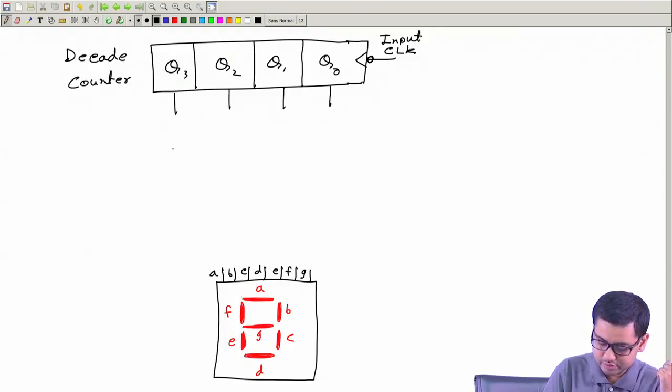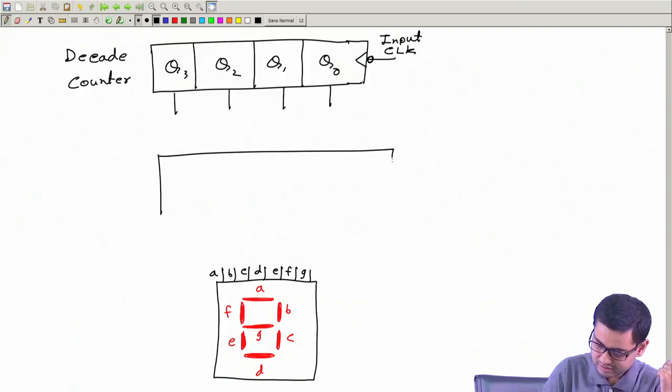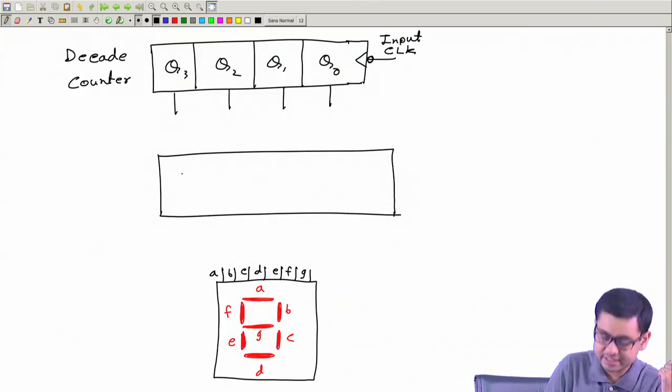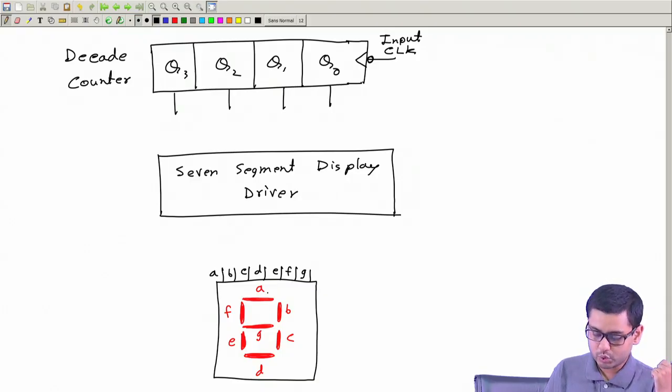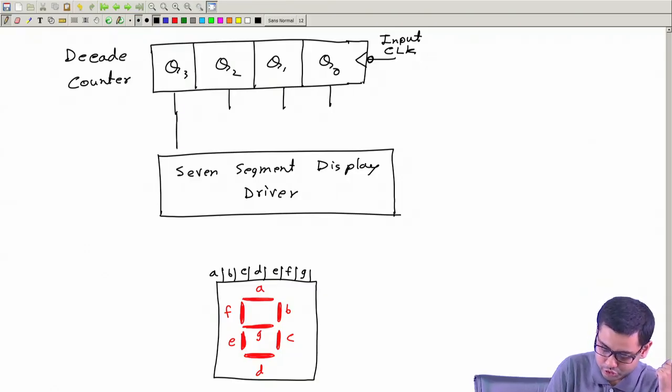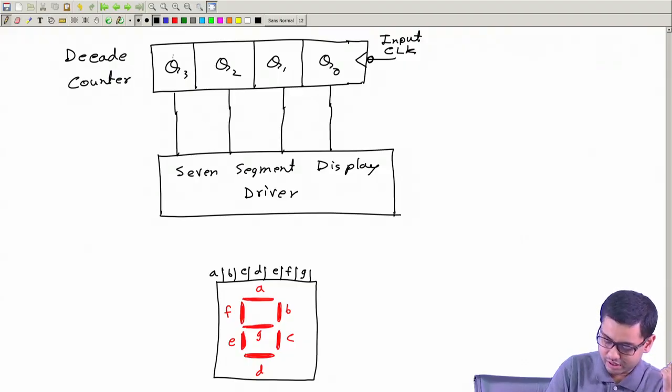Now we will put a box which we will call a 7-segment display driver. It has 4 inputs which will connect to the output of the decade counter.